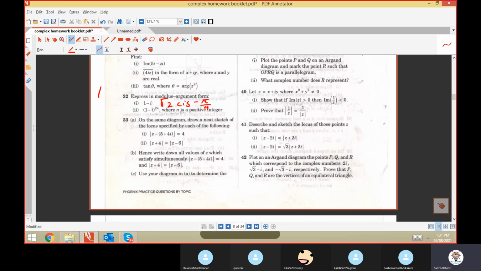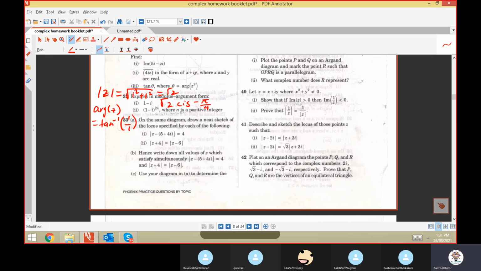There's never later. You won't have time later. What's the modulus? How do I find the modulus? Rav. Square root of a squared plus b squared. Yeah, x squared plus y squared. Done. How do I find the argument? Inverse tan b on a.